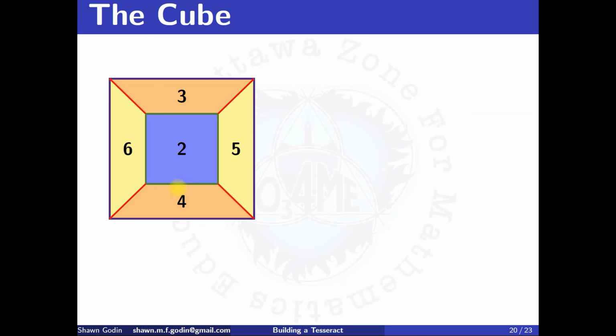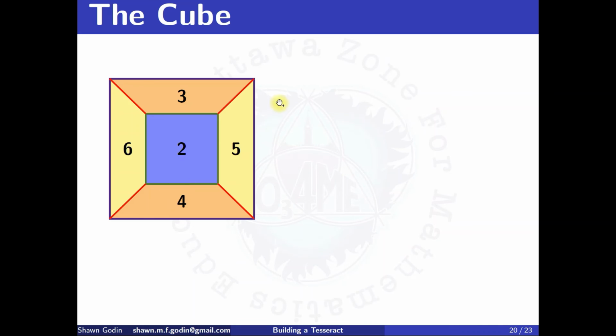Now, another way that we can represent a cube is with its net, which is basically what we get if we undo some of the edges and flatten this shape out from 3 dimensions to 2 dimensions.